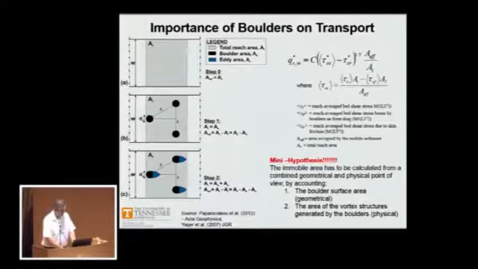And step 2 kind of gives you a glimpse where we are going with this talk. Gives you an idea that we would like to actually incorporate not only the geometric area that the boulders occupy in that river section, but also the average area that the eddies formulate around those boulders, because that area in some ways affects essentially where those parking lots are in that channel.